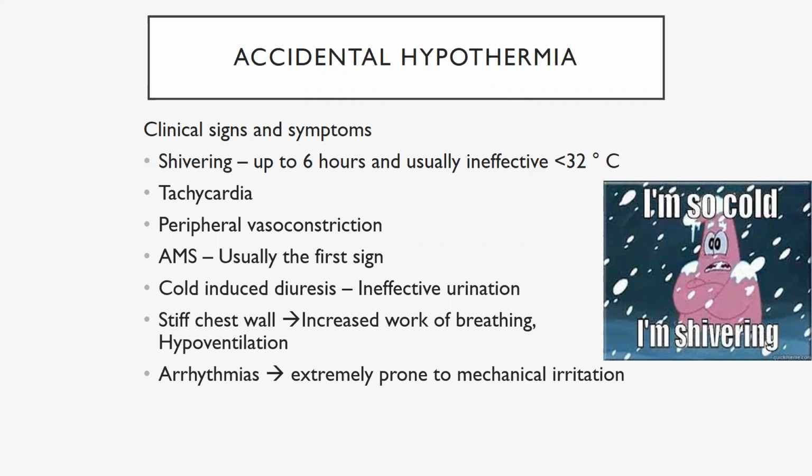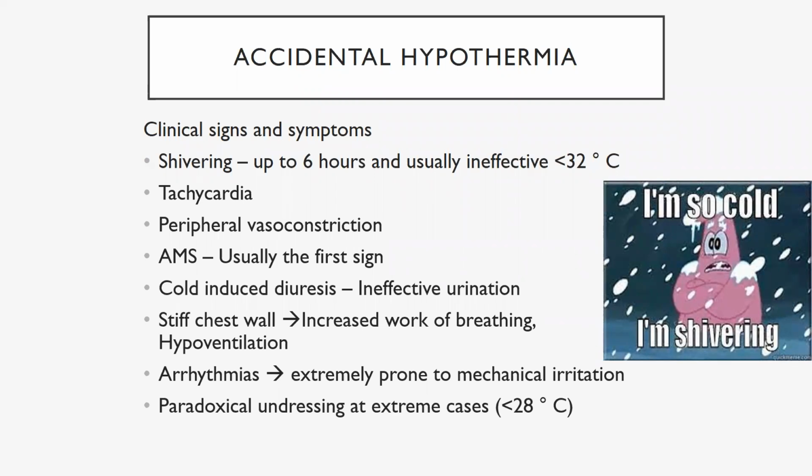One thing to remember is that with critical hypothermia, especially moderate to severe hypothermia, you want to be very careful because these patients are prone to arrhythmias even with positioning. Their myocardium is very sensitive, so even minor movements can predispose them to arrhythmias.